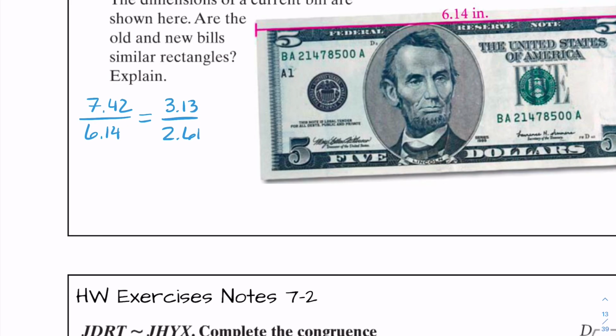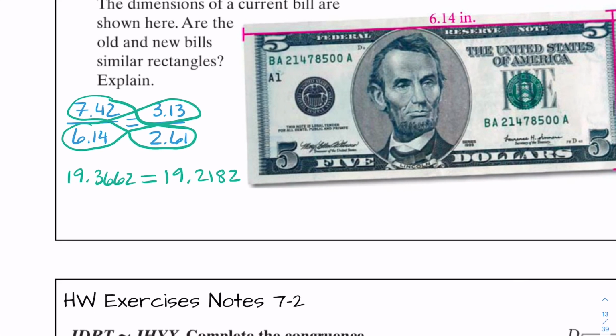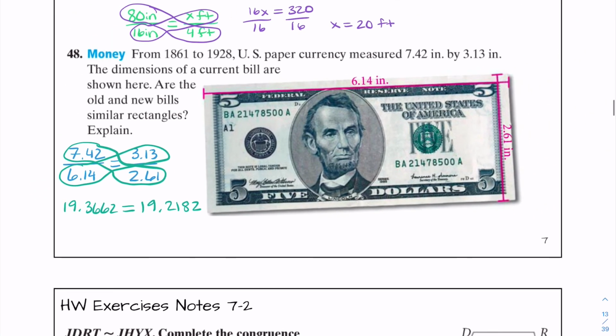Now I'm going to find the cross products, and let's see what I get. 7.42 times 2.61 is 19.3662. Is that equal to the cross product of the other one? 6.14 times 3.13 is 19.2182. Not exactly equal, but this is probably a rounded value.